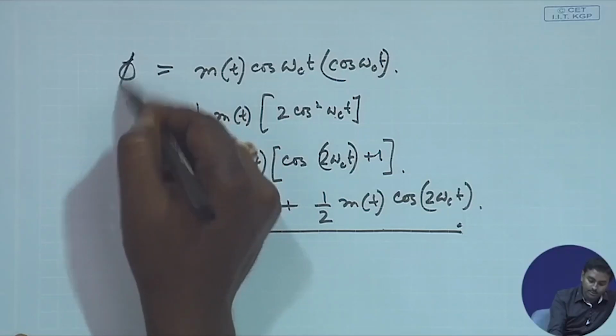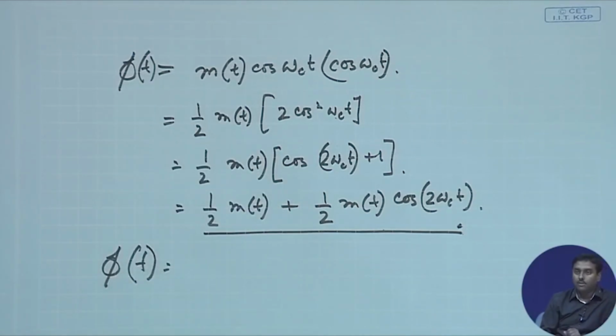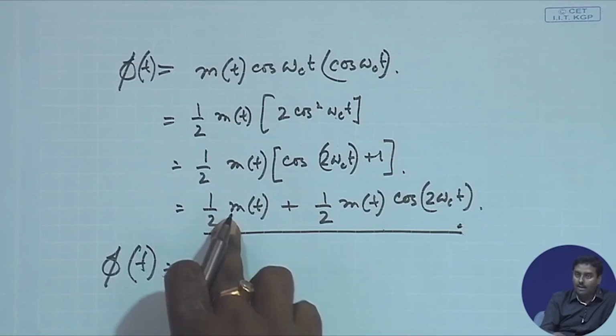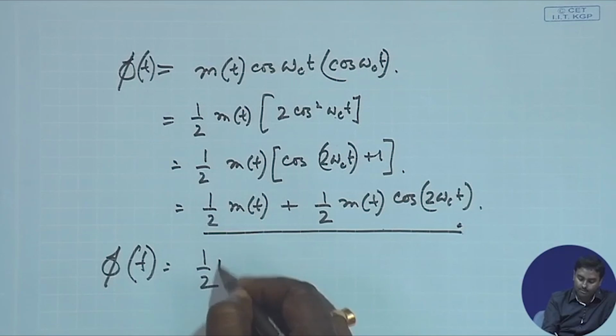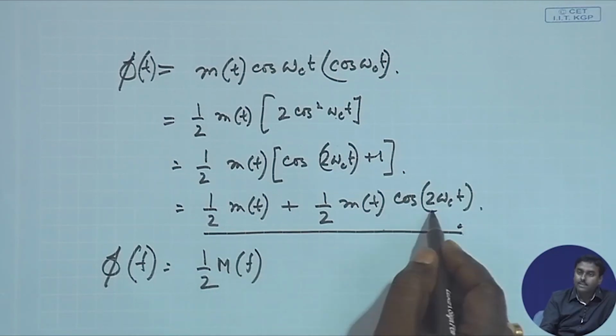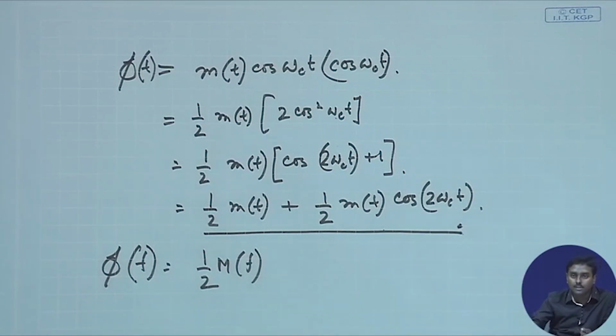Let us call this phi(t), and then I wish to evaluate phi(f). What is phi(f)? I have half over here, so that should be half M(f), and this is multiplied by cos 2 omega_c t. Therefore there should be a frequency shifting property.